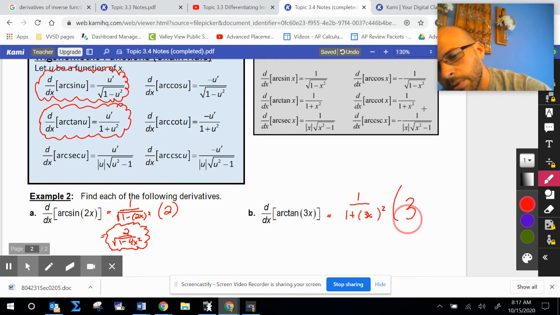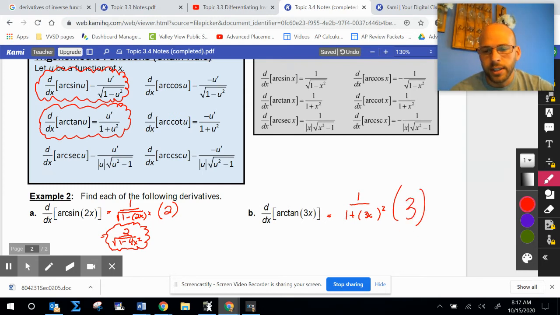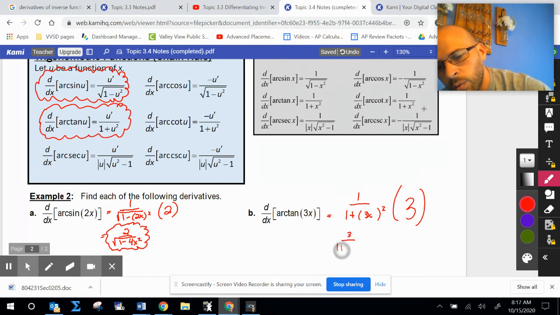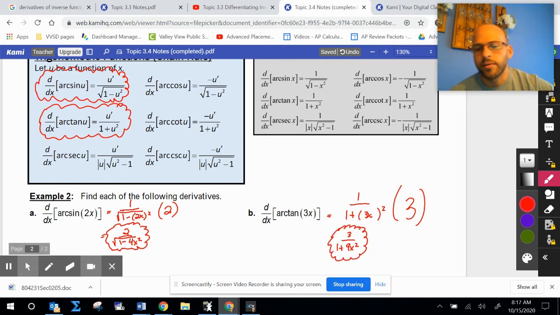But then I need to multiply by the derivative of the inside, which is a 3. In this case, I get 3 over 1 plus 9x squared, and that is my derivative. It's that easy. Now, if you want to use these gray ones for reference as a quick guide to how to take the derivative, just don't forget your chain rule.